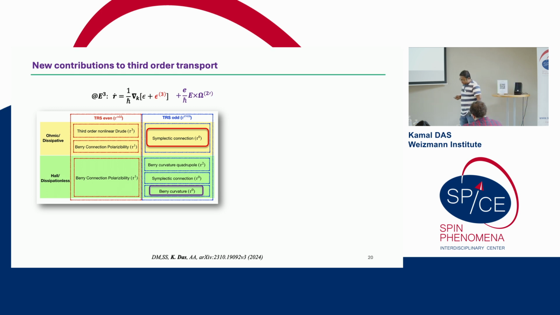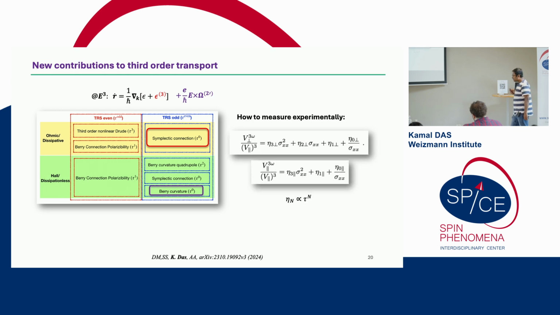So now you may think that, okay, in third order there are so many contributions. How do you even know, when we do experiment, which response we are measuring? For that, there are some scaling laws which can help us.